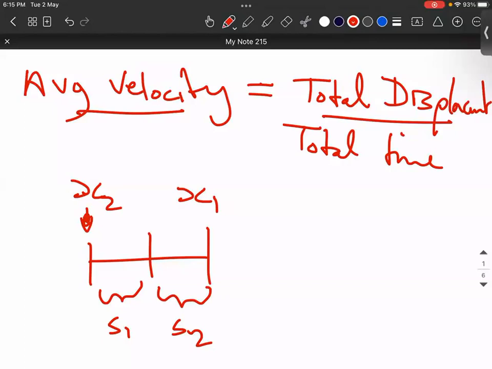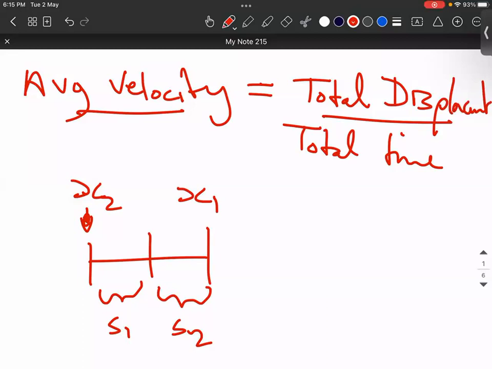X2 is the final position, and displacement are different things. Understood, no? If you are starting at x1, that's your position, and you're going to x2, what is your displacement going to be? X2 minus x1. So my total displacement is x2 minus x1, divided by total time. So I'm going to get my average velocity.